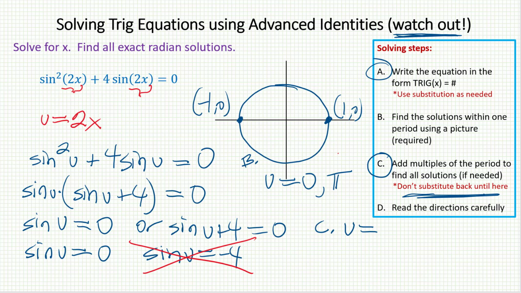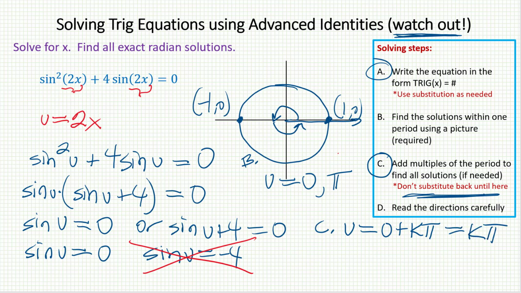These answers are evenly spaced out. So if you just start at 0 and go every pi, you'll hit another answer: 0, pi, 2 pi, 3 pi, 4 pi, etc. So u would just be that first answer plus multiples of pi, the distance between all the answers, which really is just k pi.